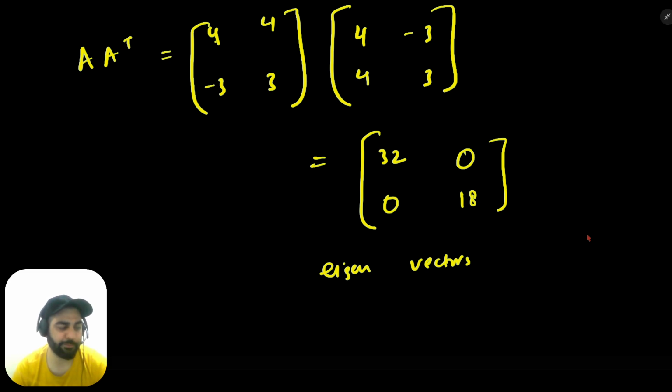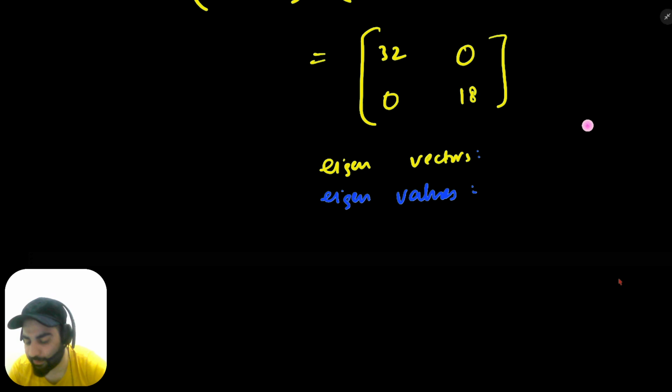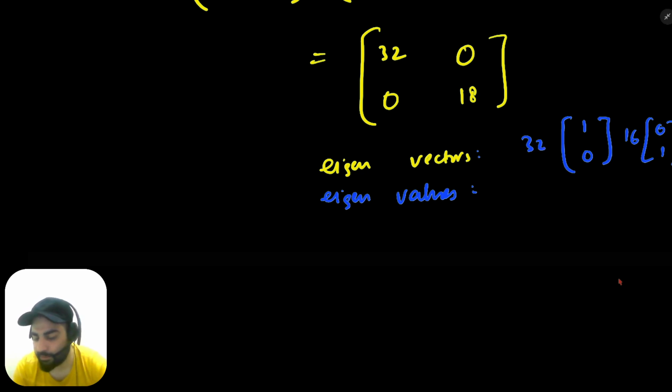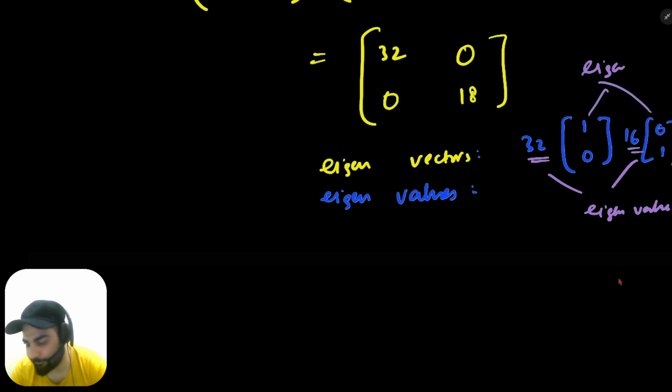I'll wait here for a few seconds to let you compute these things. So the eigenvectors are (1, 0) and (0, 1), and the eigenvalues are 32 and 18.